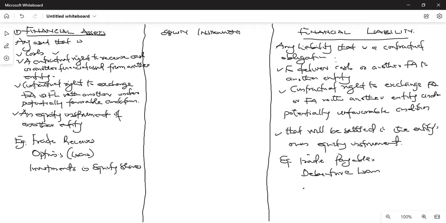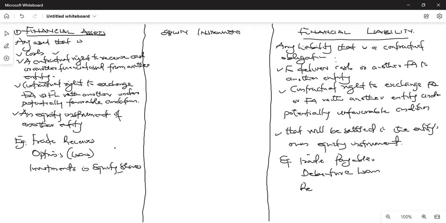Then we have redeemable preference shares, which is the third one. Investment here in an equity instrument is money that has come into you, being invested into your company as equity. It is an asset in your books.